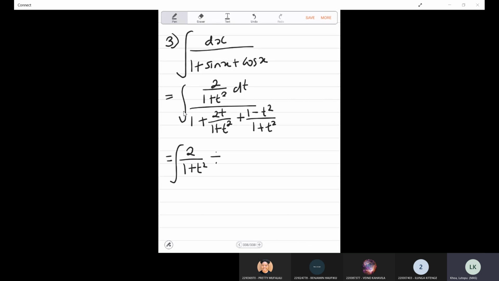Then I'll say divided by this one over here, we need to combine it. So we write this as a single fraction. It's 1 plus t squared over 1 plus t squared. Then you add up all your t squareds, your t's, and your constants that don't have a t.